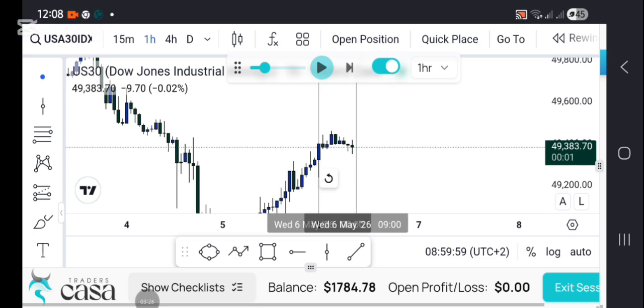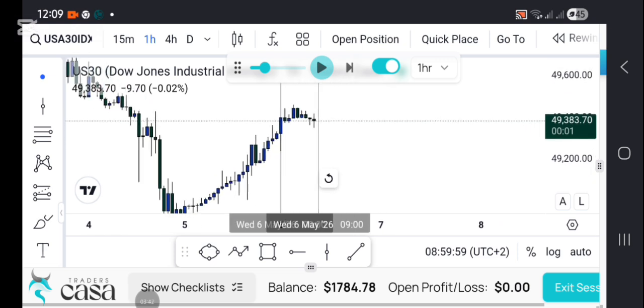So remember, the strategy's name is called Asia Sweep. What does it mean to us, to every trader who's going to actually trade with the strategy? We need to see which side is going to attract price to sweep the low of the Asia or the high of the Asia.